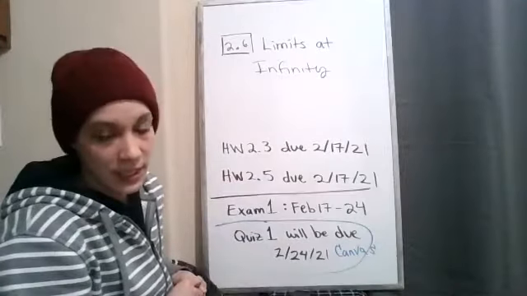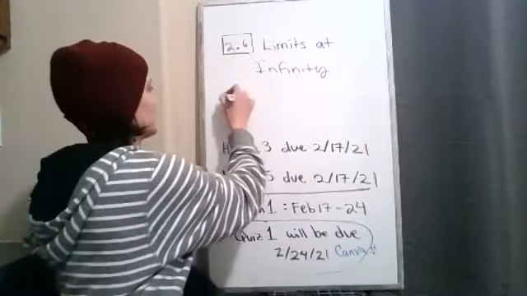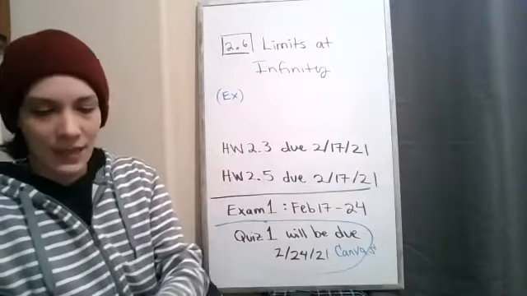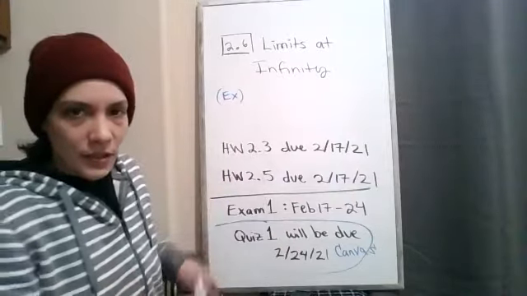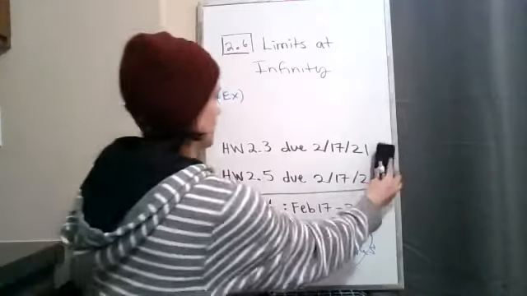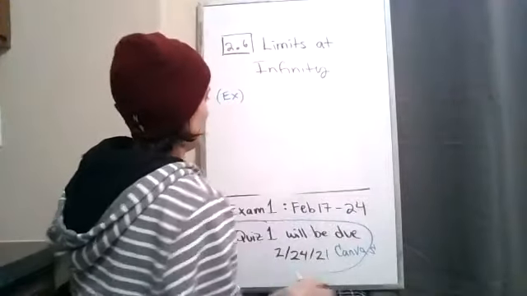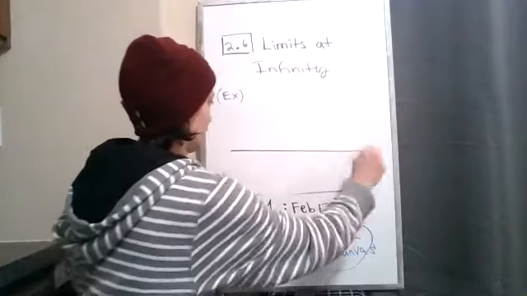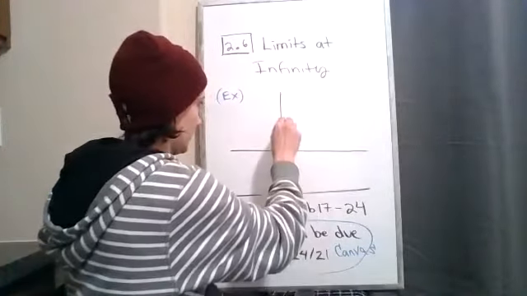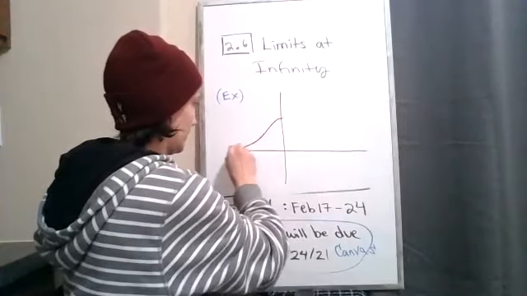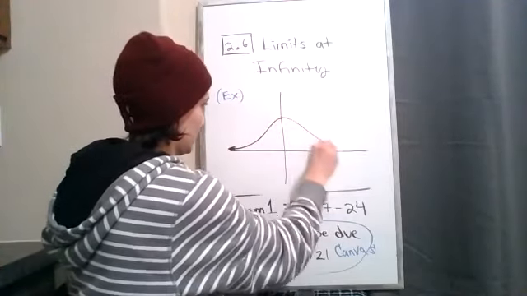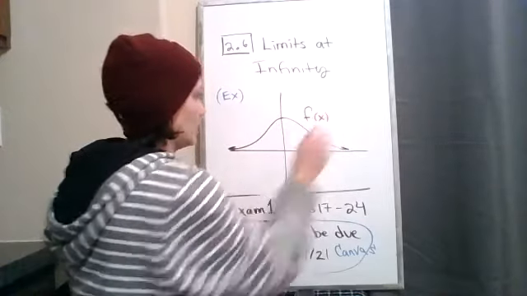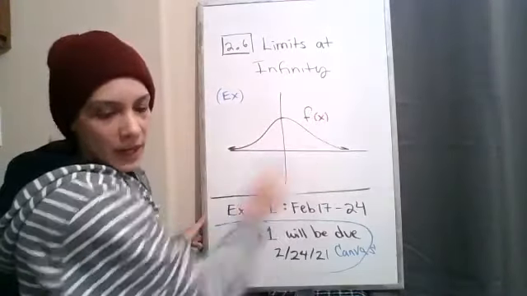So we're going to start with an example. There's this function f right here. Horizontal asymptote at y equals 0.